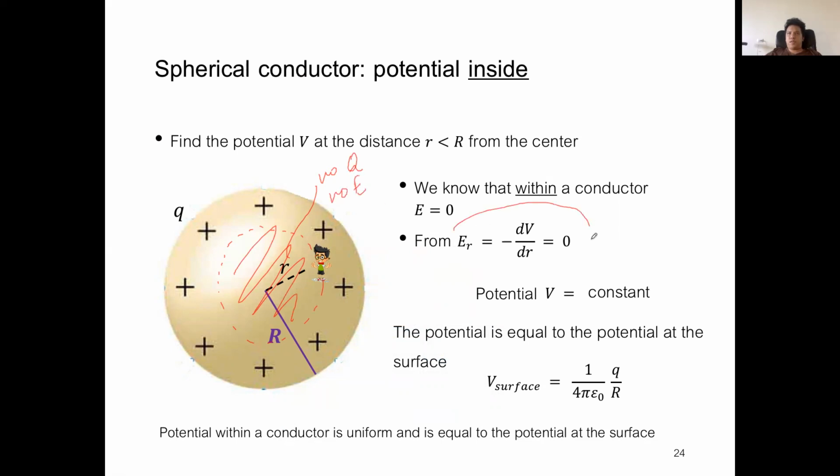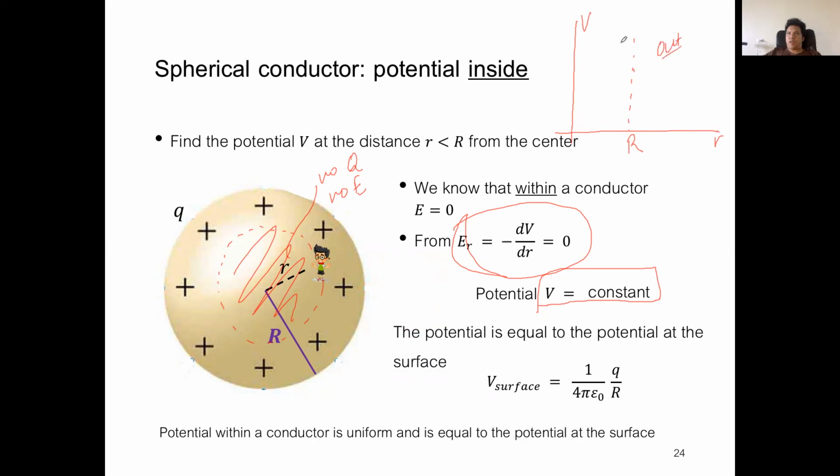When there is no electric field, we use this relationship and integrate it. We find that V is a constant. So if I consider this graph between V and r, when r is equal to big R, this is the radius of the sphere.